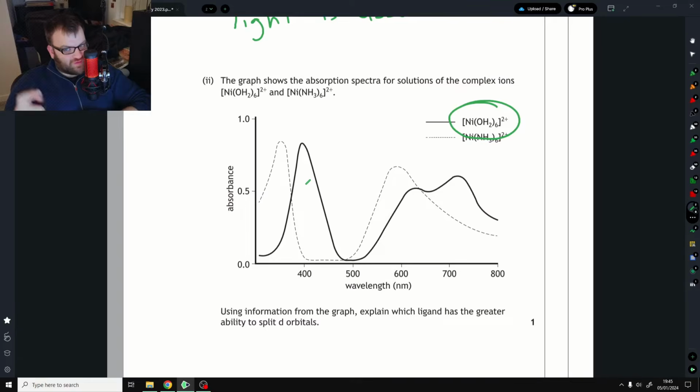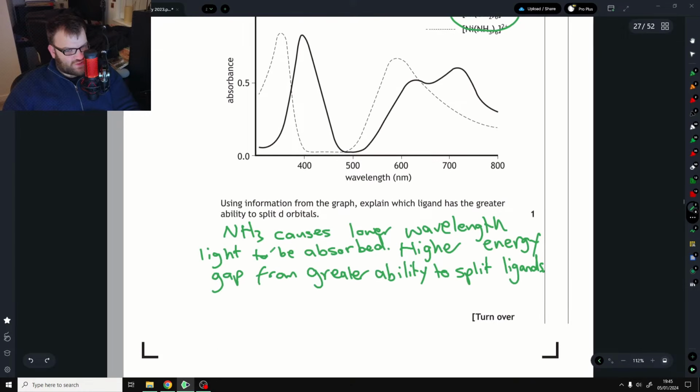So we're looking for the one with the ammonia, the NH3, because that is absorbing light at a lower wavelength, which would correspond to higher energy. So something like the NH3 causes lower wavelength light to be absorbed, a higher energy gap, from a greater ability to split the ligands. And that would go together.